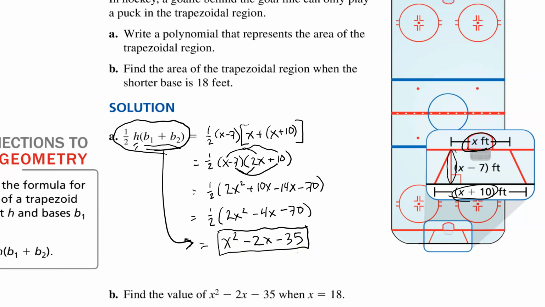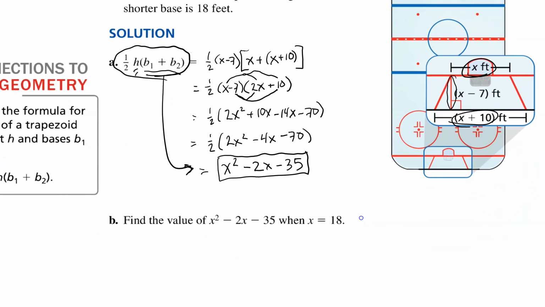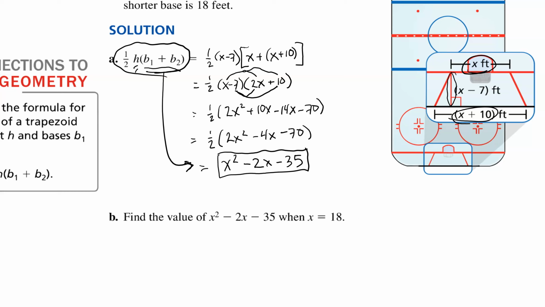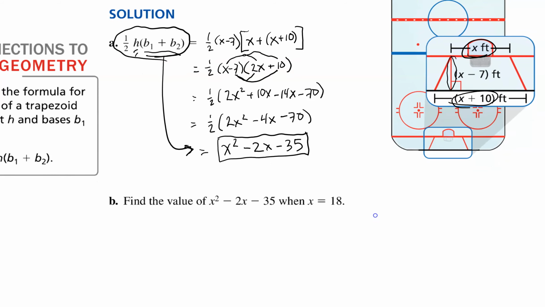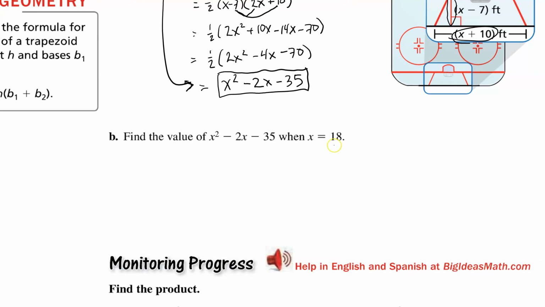And so now we want to find the value of that area, x squared minus 2x minus 35, when x equals 18. And to do that, we just plug in 18 into every place where there is an x. And so I put in 18 squared minus 2 times 18 and then minus 35.